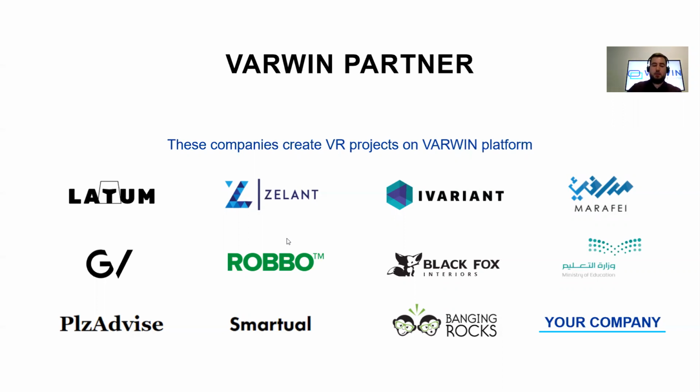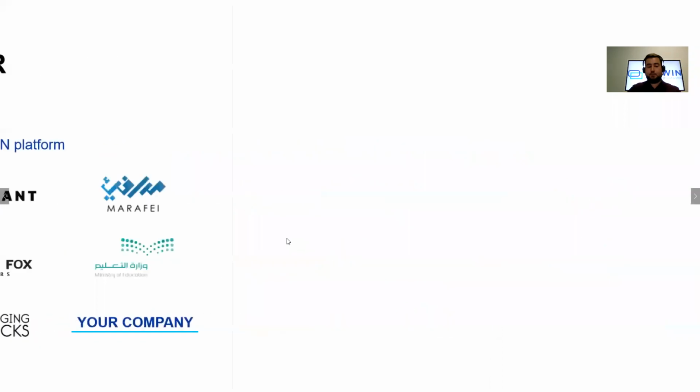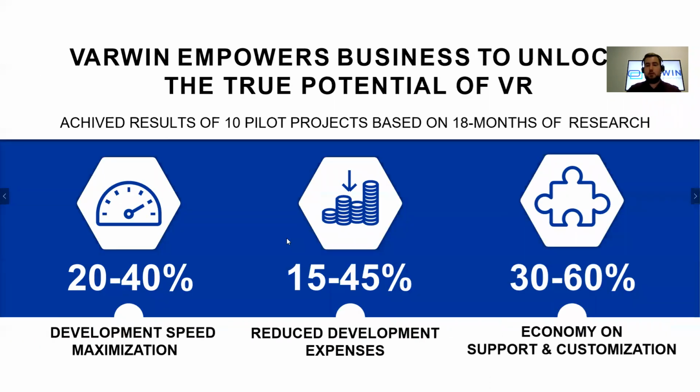So, speaking about results, for the last year and a half, we've been working with our partners, monitoring their activity and how they use Varvin, and comparing it with their common development. We're closely looking at 10 different pilot projects.